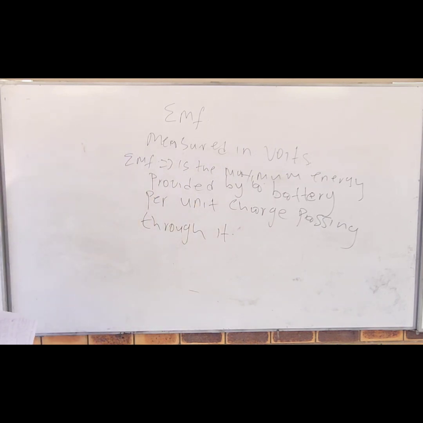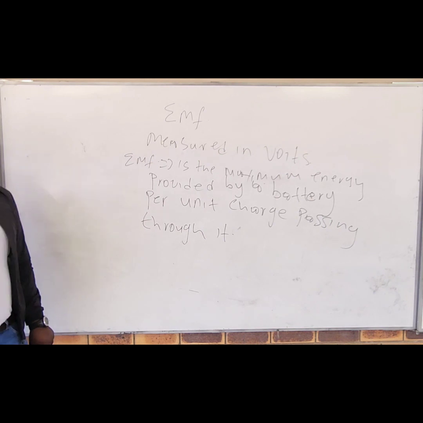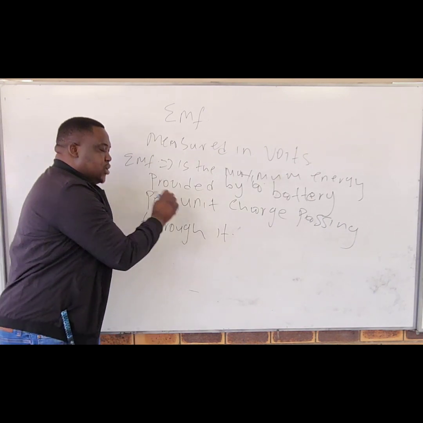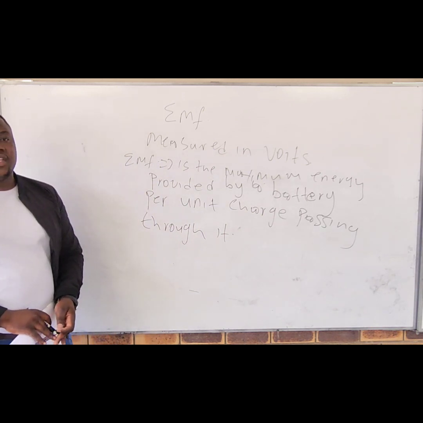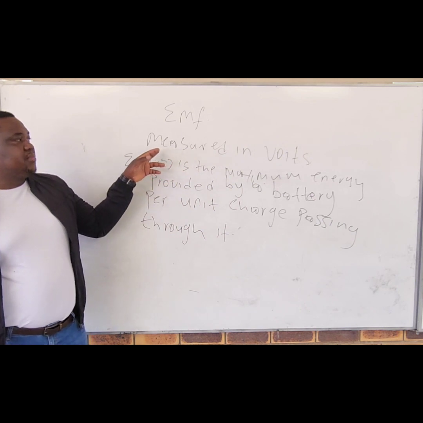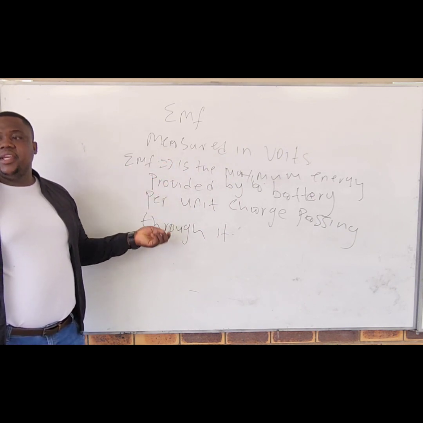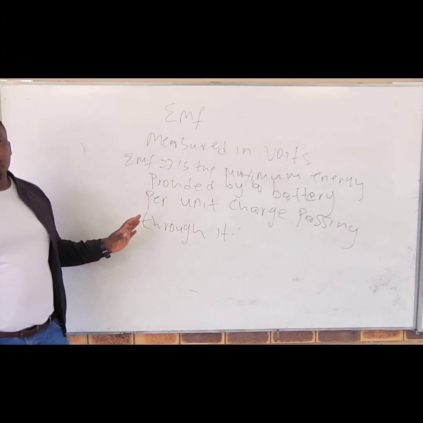So EMF is the maximum energy provided by a battery per unit charge passing through it. I want to explain what is happening with this EMF. I've already told you that EMF is measured in volts, and it is the maximum energy provided by a battery per unit charge passing through it.